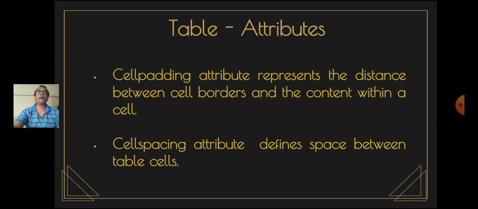There are two attributes called cell padding and cell spacing, which are used to adjust the white space in table cells. The cell spacing attribute defines space between table cells, while cell padding represents the distance between cell borders and the content within a cell.